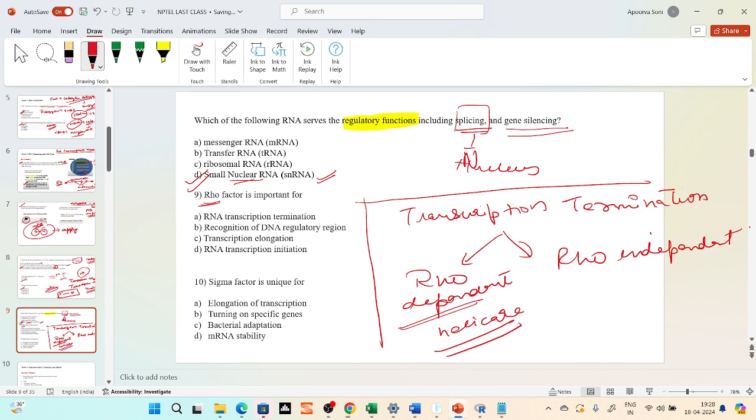And when there is no Rho protein, then what happens? Hairpin loop formation occurs, and this hairpin pulls the RNA away from the DNA.